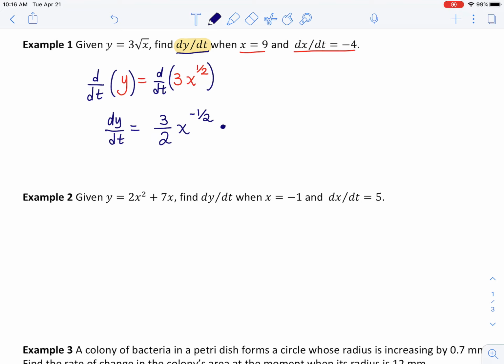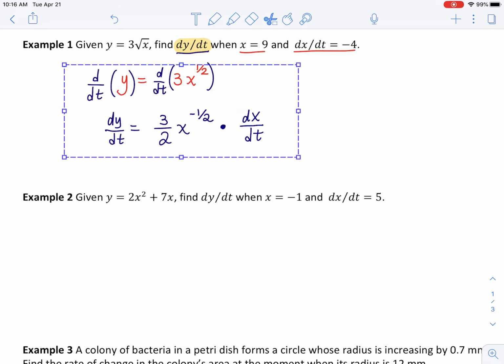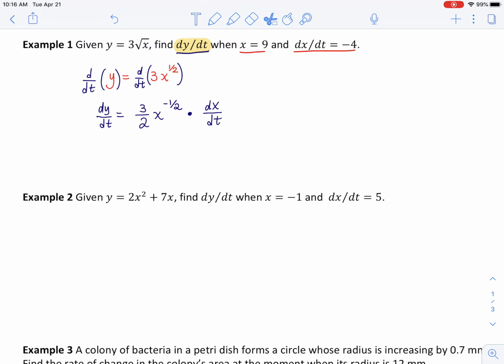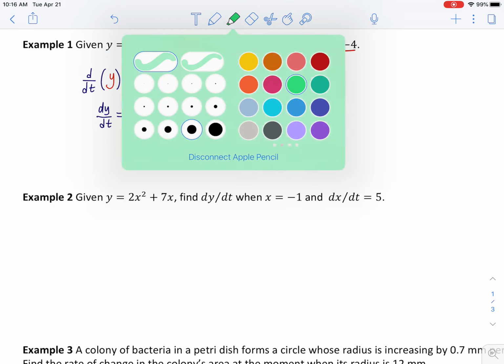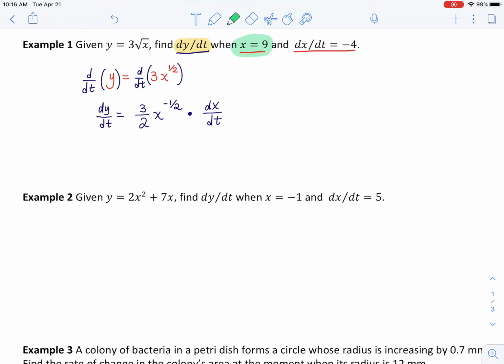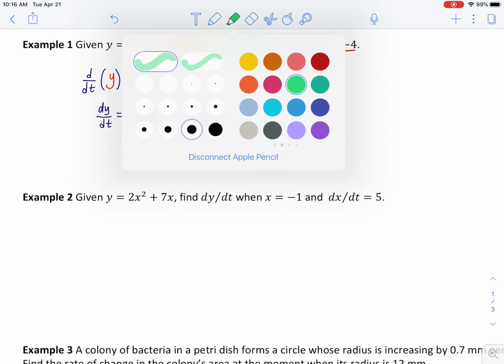Use the extended chain rule. I'm going to have 3 times 1/2 x to the -1/2 power, but use the chain rule: take the derivative of x with respect to t. What's that going to give you? You're going to get dx/dt. So this second line is the implicit differentiation skill that we learned last week.